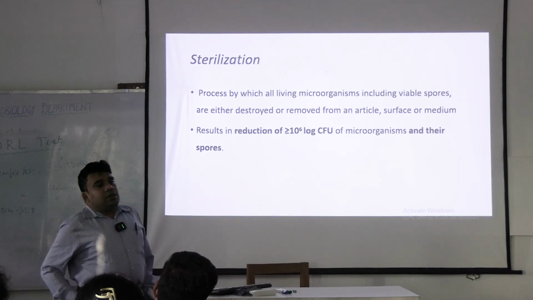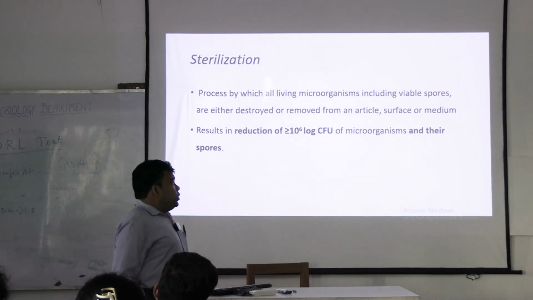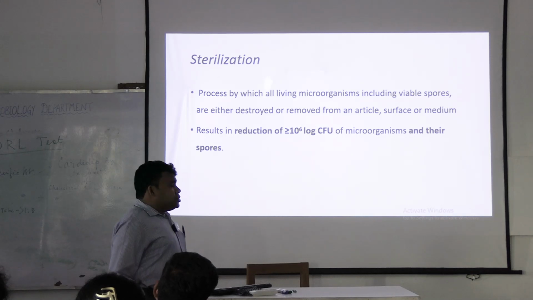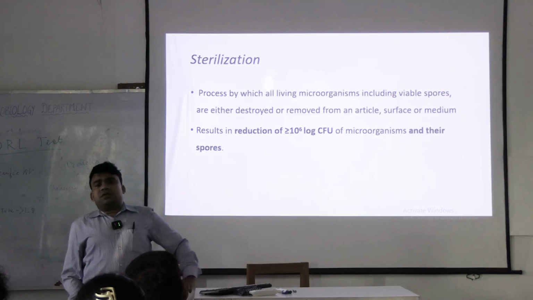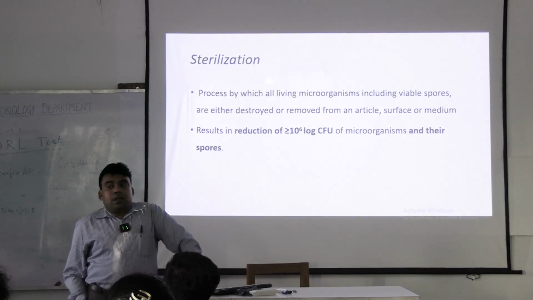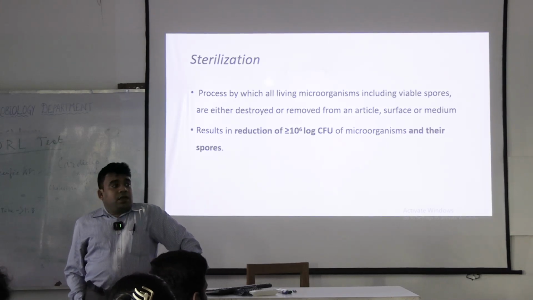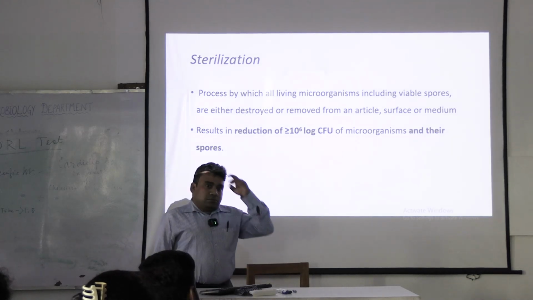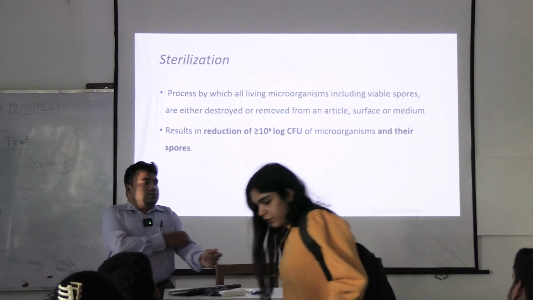More precisely, mathematically speaking, we need to remember two things. First is a reduction of 10 to the power 6 logarithmic CFU. What is CFU? Colony forming unit, right? And what is the logarithmic reduction? What is logarithmic scale?